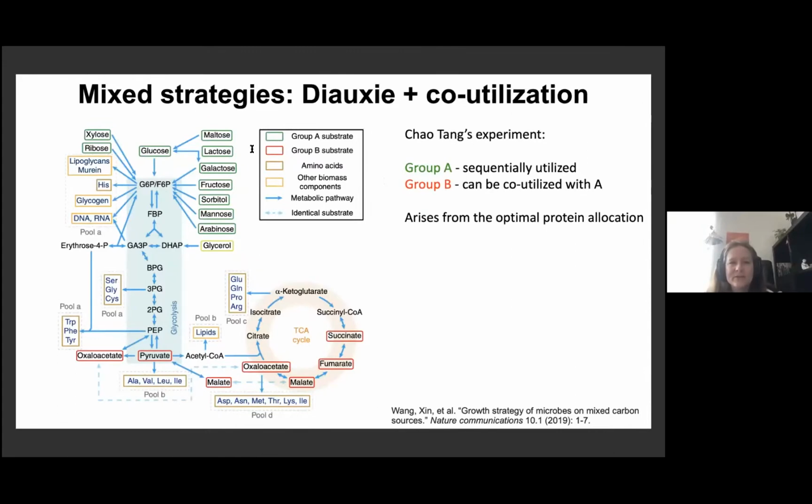Another important thing to note here is that there is a possibility to have a mixed strategy in all those consumer-resource settings: mixed strategies between this switching behavior and co-utilization. And there was this paper from Chao Tang's group two years ago, where they showed that this choice between diauxie versus co-utilization of resources actually comes from the topology of your internal metabolic network.